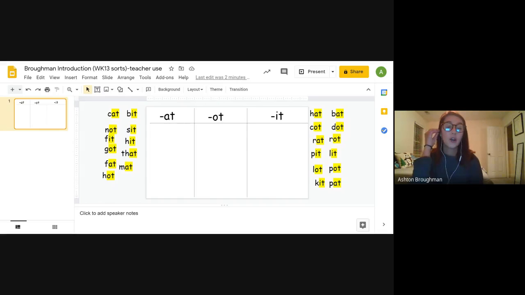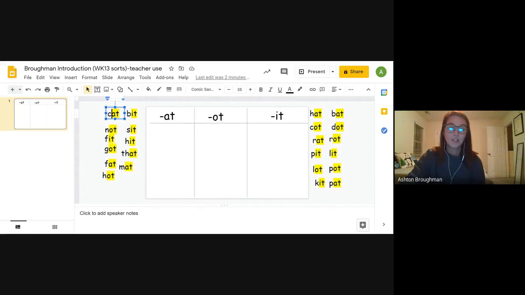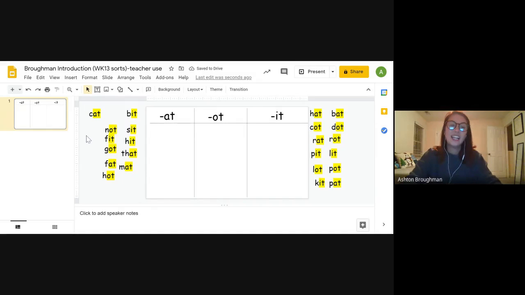We're gonna go through and we're gonna read all of these words and figure out which word family they belong to. Are you ready? Look at this one. What letter does this word start with? Good job. It starts with the letter C. And what sound does the letter C make? Right. And we see AT.